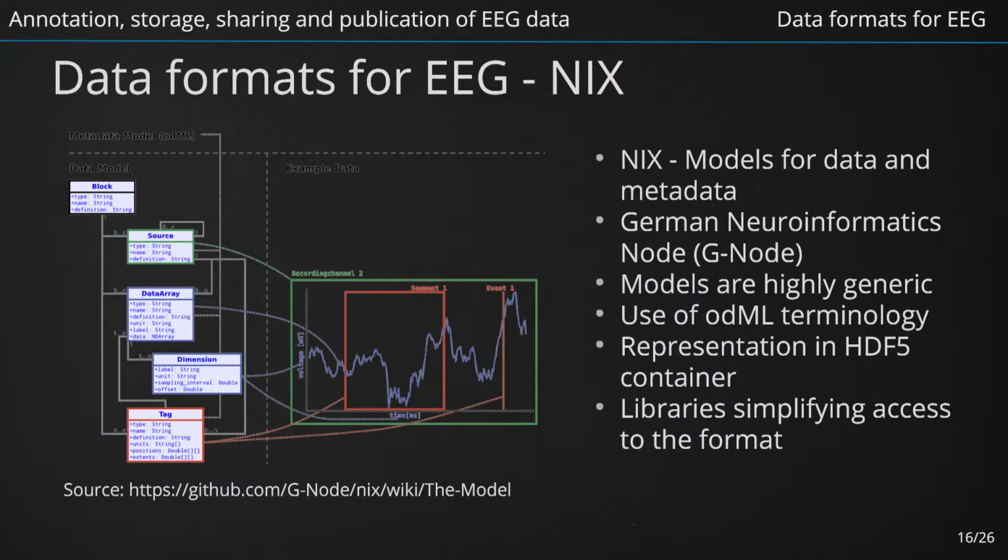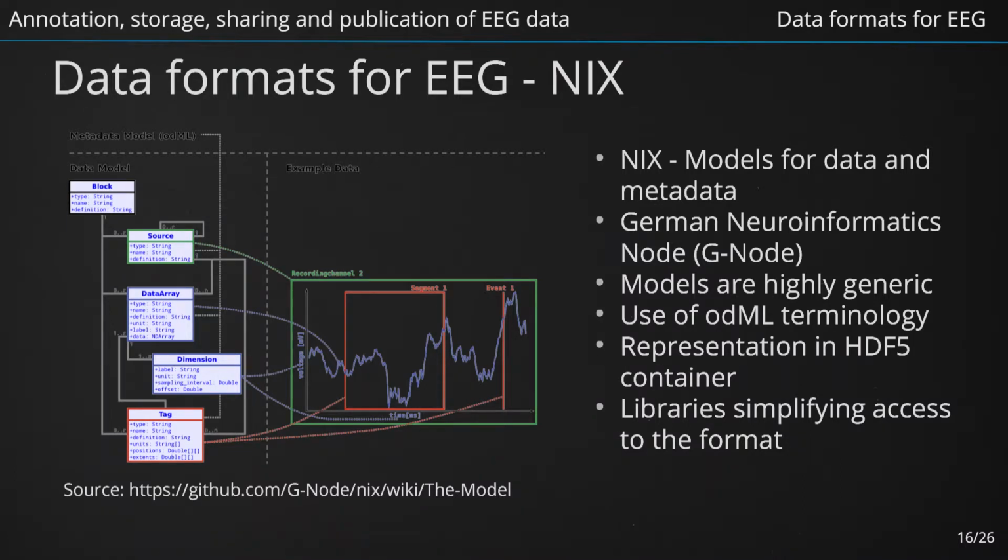It also means that both data and metadata models are not specific to the electrophysiology domain, but can be linked to predefined or custom terminologies to give elements of the models a domain-specific context. NIX also uses the ODML terminology for metadata description and the HDF5 file format as a storage backend. Last but not least, NIX provides libraries to simplify the access to the defined format.